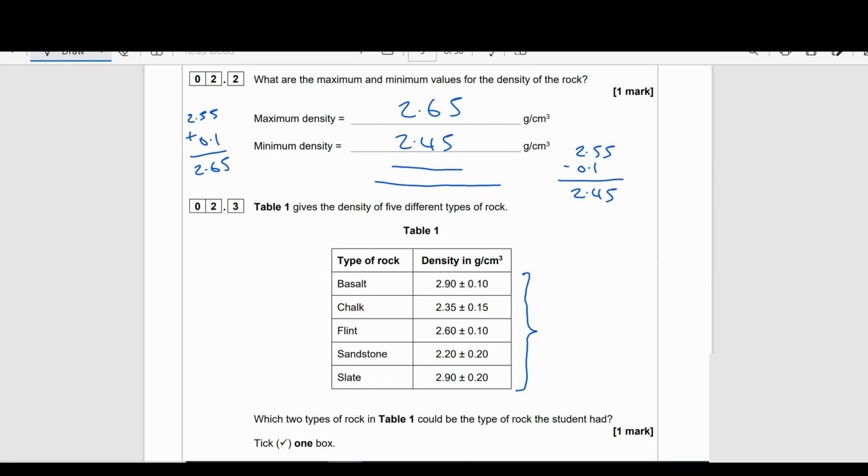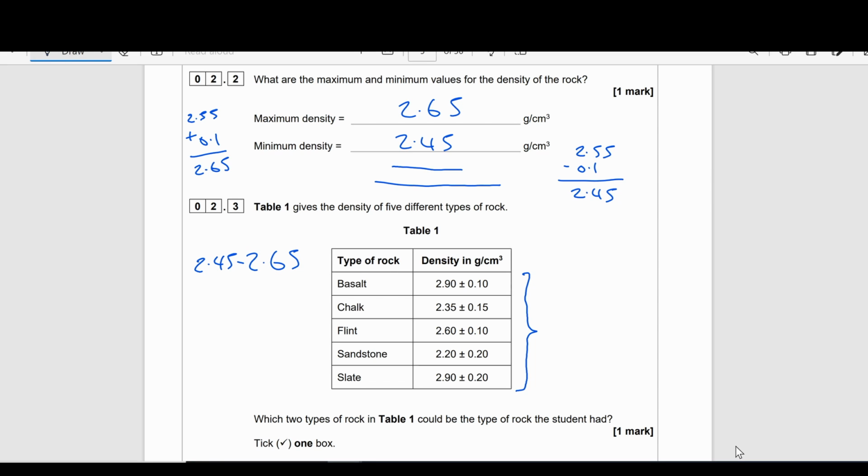What we're looking for is any of these values overlapping with each other. So we need to look at each one of these densities and then either plus or minus it and see if it gives us anything in this range, 2.45 to 2.65.